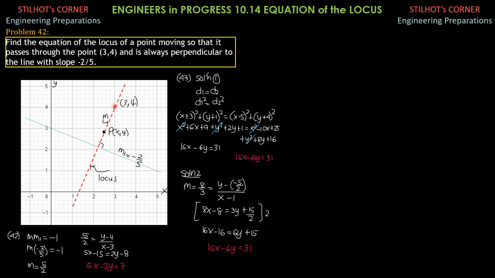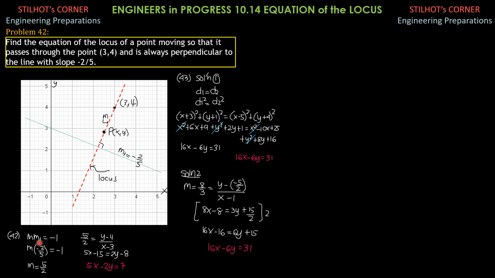Therefore, the slope of this red line, which is m, times the slope negative 2/5 is negative 1, because remember, the product of slopes of perpendicular lines is negative 1. So that's the solution to that problem.